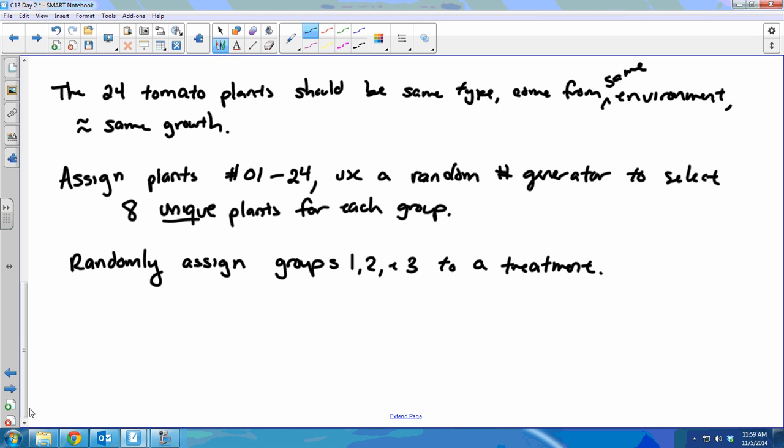Right? You might want to put the treatments are control, which is no fertilizer. I guess I don't need the parentheses yet. You have a half dose group, and you have a full dose group.